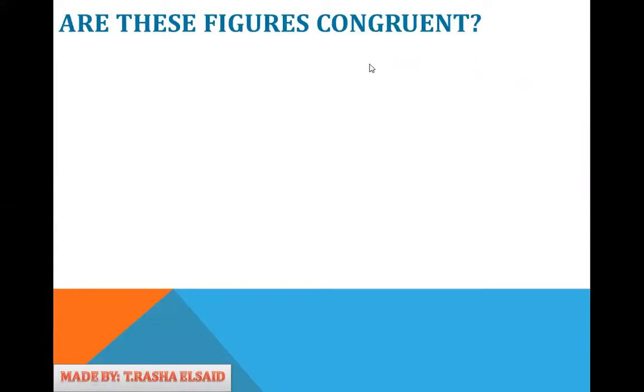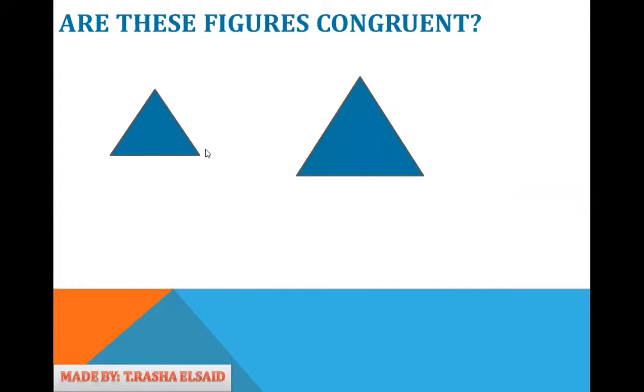Are these figures congruent? Look at these two figures. I have two triangles as you see. What do you think? Do they have the same shape and size? They already have the same shape. This is a triangle, the other one is a triangle. But do they have the same size? Think.